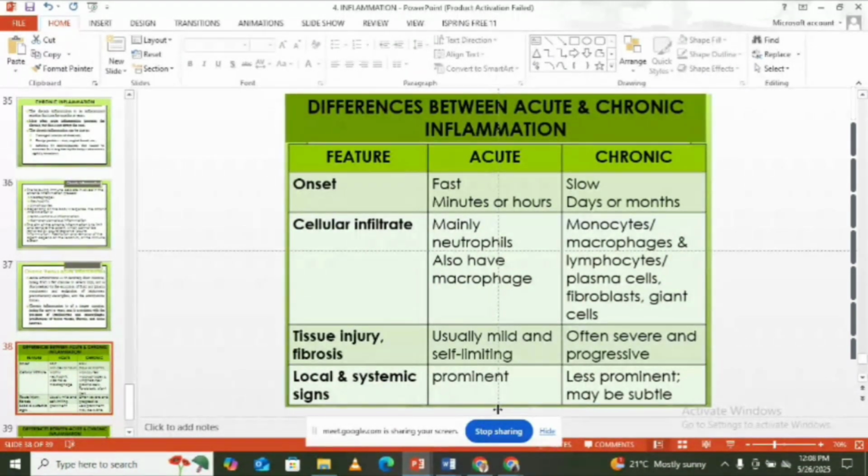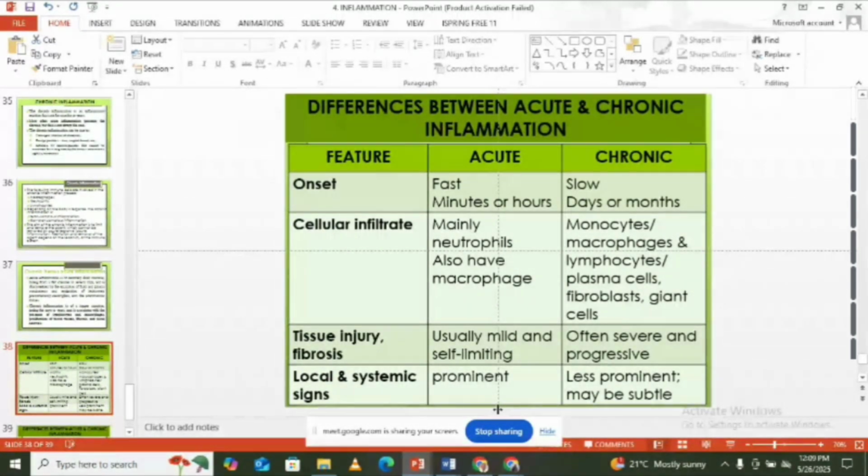They can also be the macrophages, but with chronic, we have the monocytes, the macrophages, the lymphocytes, the fibroblasts, and giant cells involved. Tissue injury and fibrosis, or the tissue damage, usually in acute, can be mild and self-limiting. In chronic, it can be severe and usually more progressive.